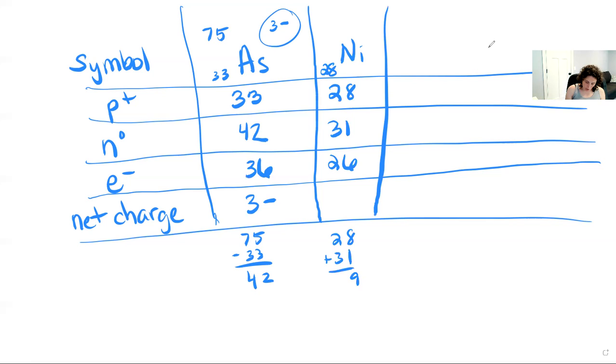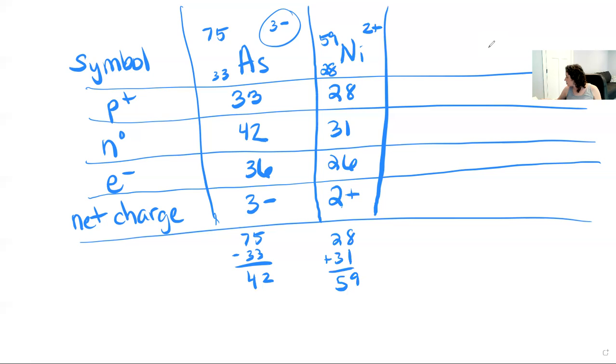I add protons and neutrons, that'll be 59. And then what is the difference between my protons and electrons? I have a difference of +2. I have 2 more protons than I do electrons. So that gives you the symbol to the upper right, and that is the same thing as its net charge.